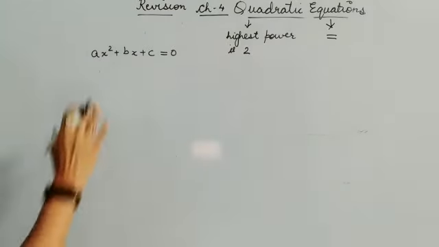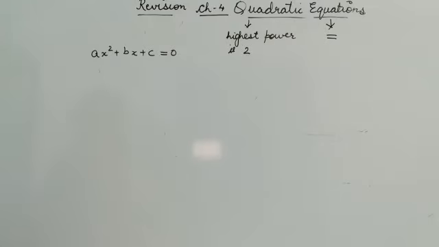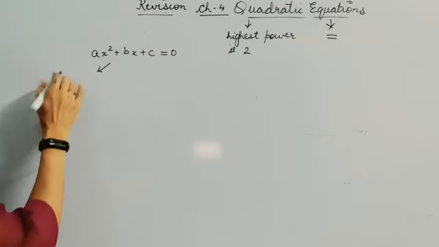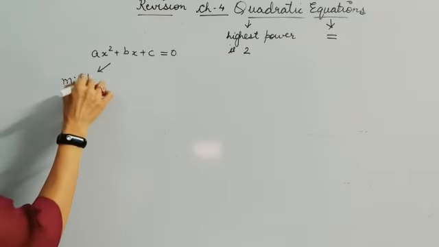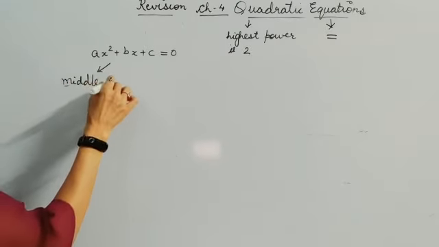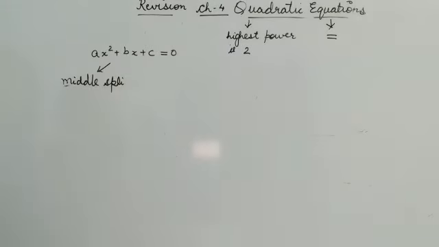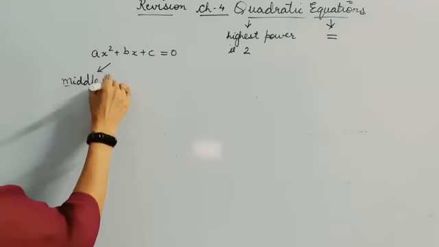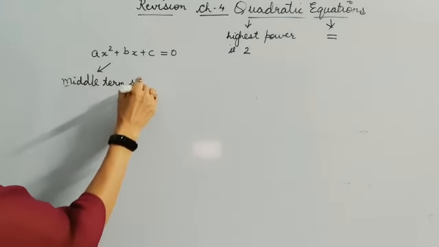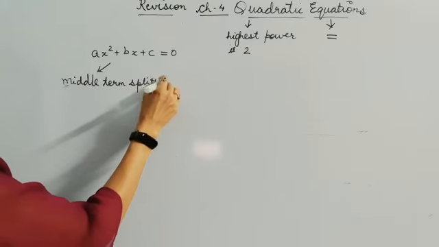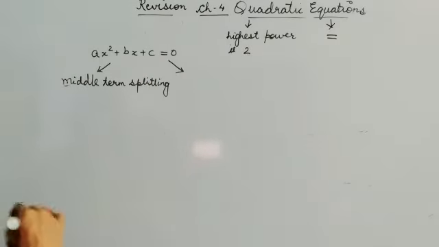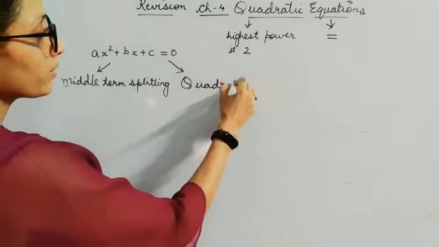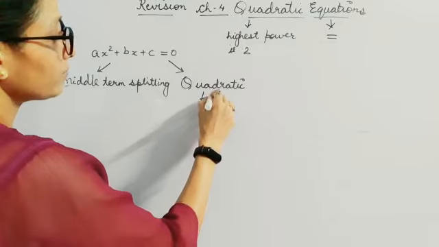Now children, a quadratic equation can be solved by different methods. One, you have learned the middle term splitting method. Second method you have learned, you can find it out by the quadratic formula method.